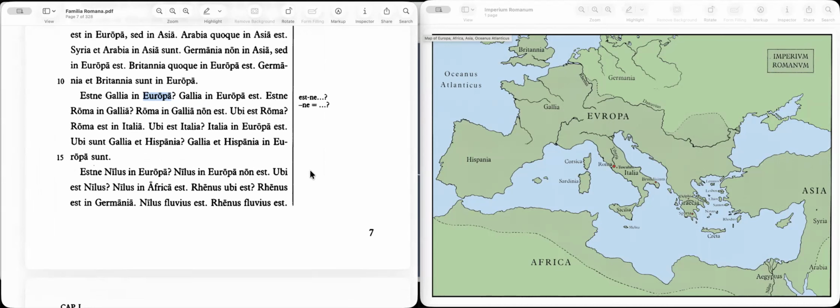Okay, this is very difficult to describe, so I will do my best. When I see Esne Nilus in Europa, I understand that to mean "is the Nile in Europe," but I do not have to say mentally, "is the Nile in Europe?" Rather, Esne Nilus in Europa. That's what it means.